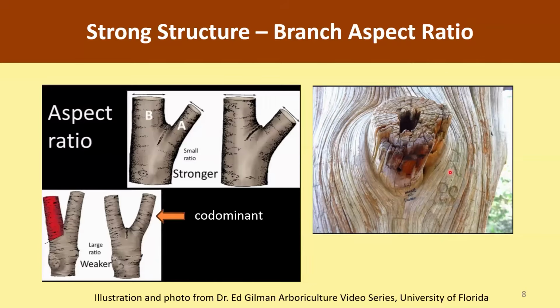The illustrations on the left show more examples: small, medium, and large aspect ratio, giving us the strongest, less strong, and weakest connection. When the adjoining branches are about the same size, we have a co-dominant situation, and that is where we get the weakest connection.